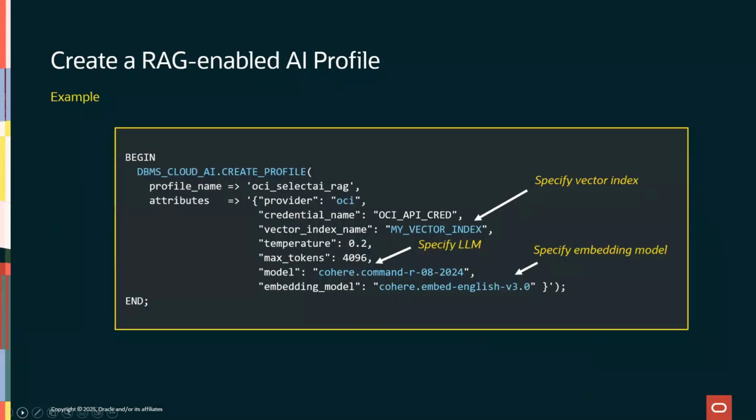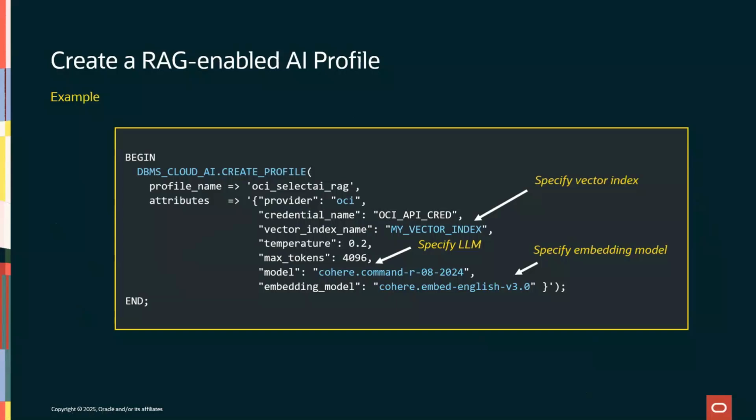So here is creating a Select AI RAG profile. It looks very similar to a natural language to SQL profile, other than you don't see any tables or columns, because we're not working with tables and column metadata. Here you'll see a profile name. Select AI is very flexible and dynamic.